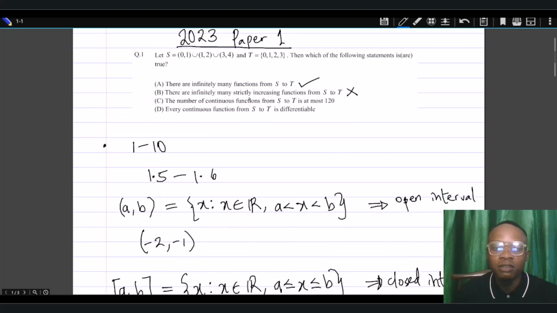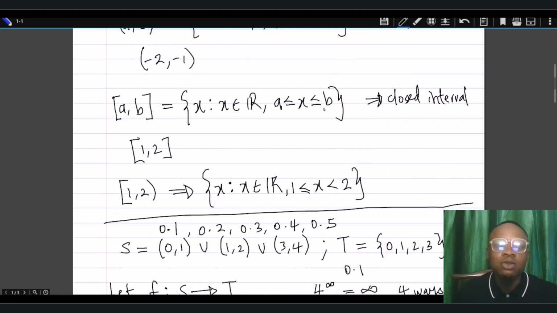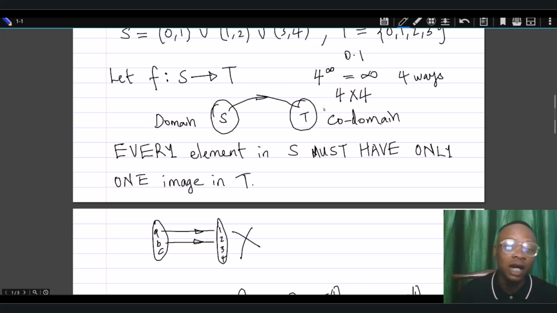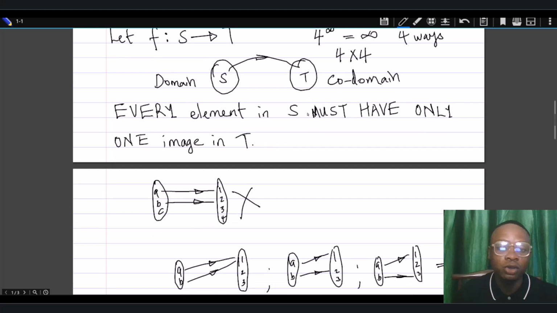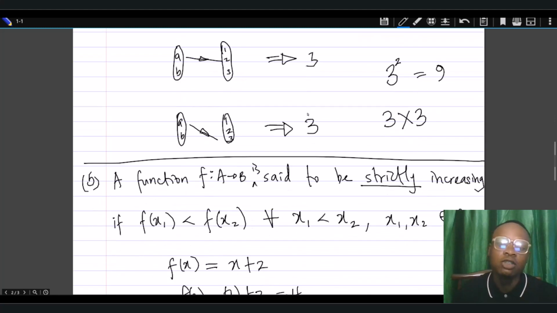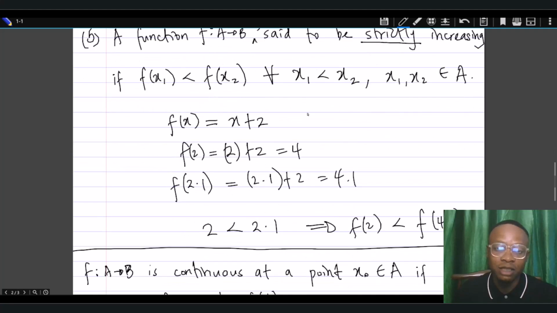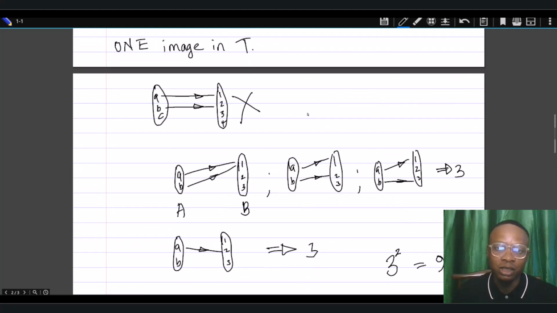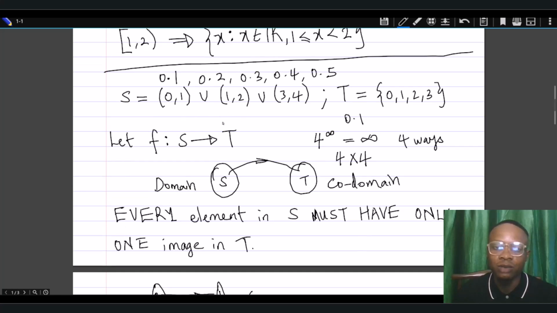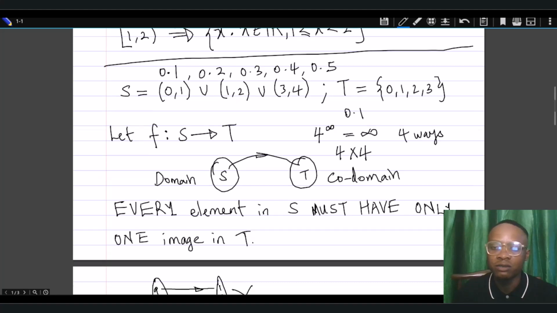It says the number of continuous functions from S to T is at most 20. So we should ask ourselves now, if the function is going to be continuous, what are the options we have? How many ways can we define this function so that it is continuous from S to T? So we will now examine again the set that we were given. We're given this set [0, 1], so let's write it out again: [0, 1], [1, 2], and [3, 4].